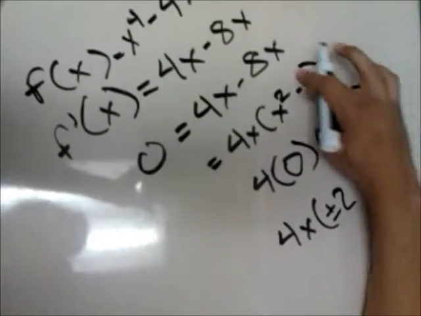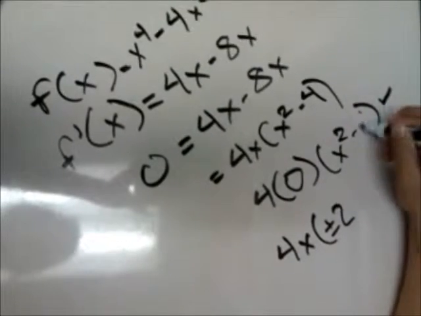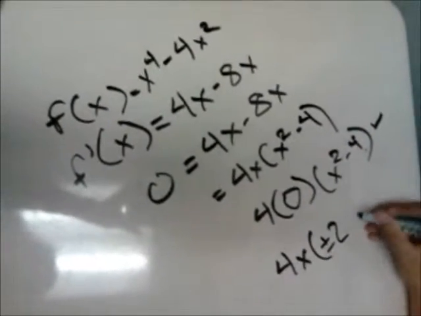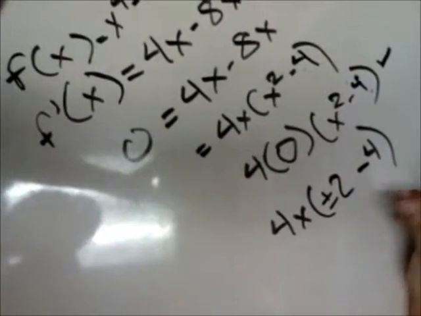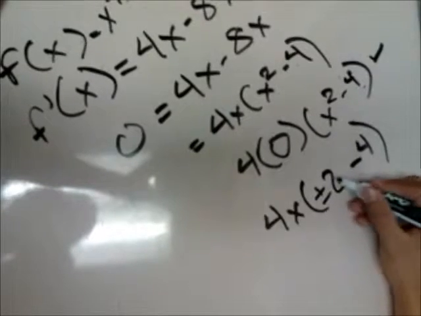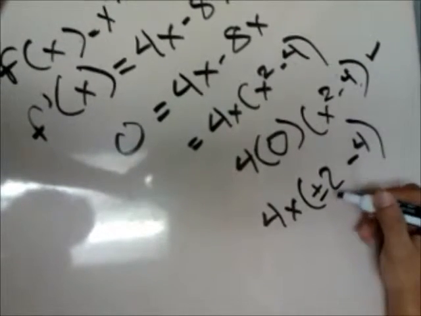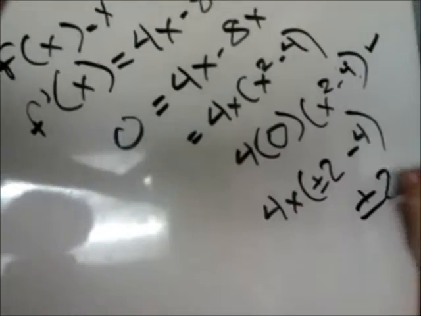Wait, sorry, I made a mistake over here. It would be 4. Okay, so no matter what we do here, positive or negative 2, they'll both be 4. So positive or negative 2 works.